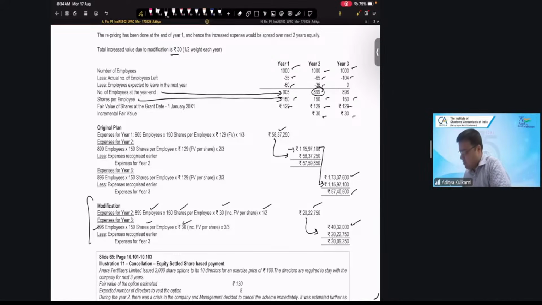Out of this remove 20 lakh 22. So third year expense on account of modification is 20 lakh 9,250. So these two are the expense that will be recognized in year 3 on account of repricing of the options as well as the original plan moving together.